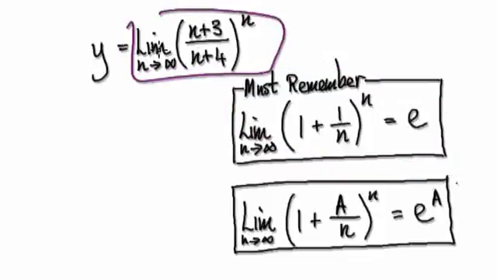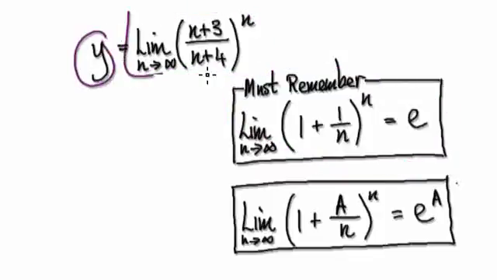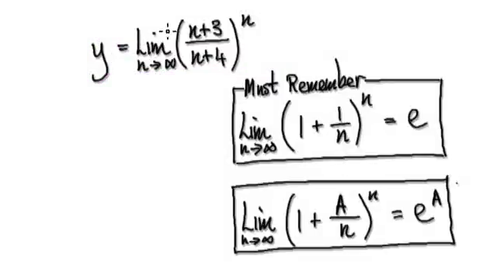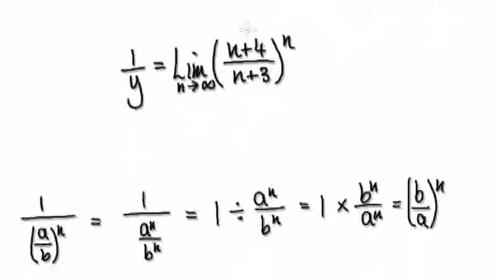From here, remember, let y be this thing here, and we're going to try and work out y. Take the reciprocal of both sides. So it would be 1 over this, and then 1 over the whole lot. That will then take us to here.